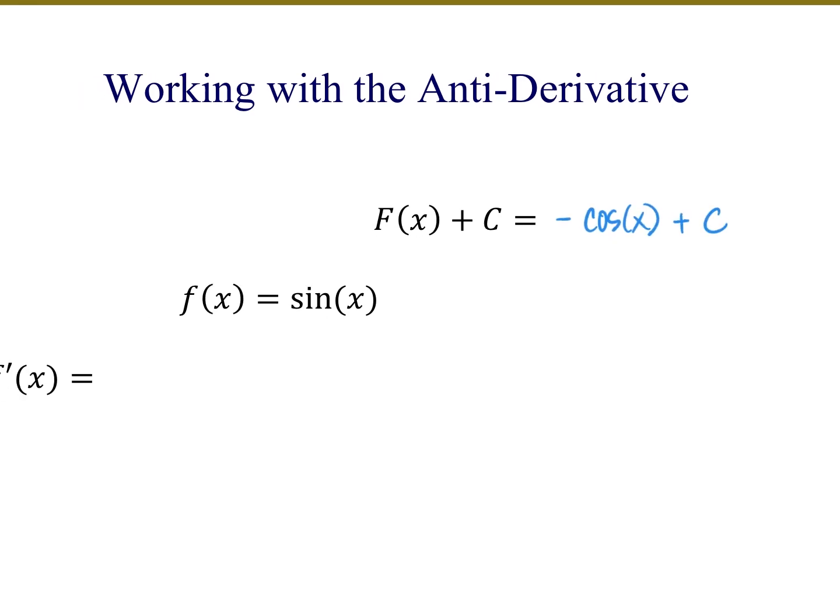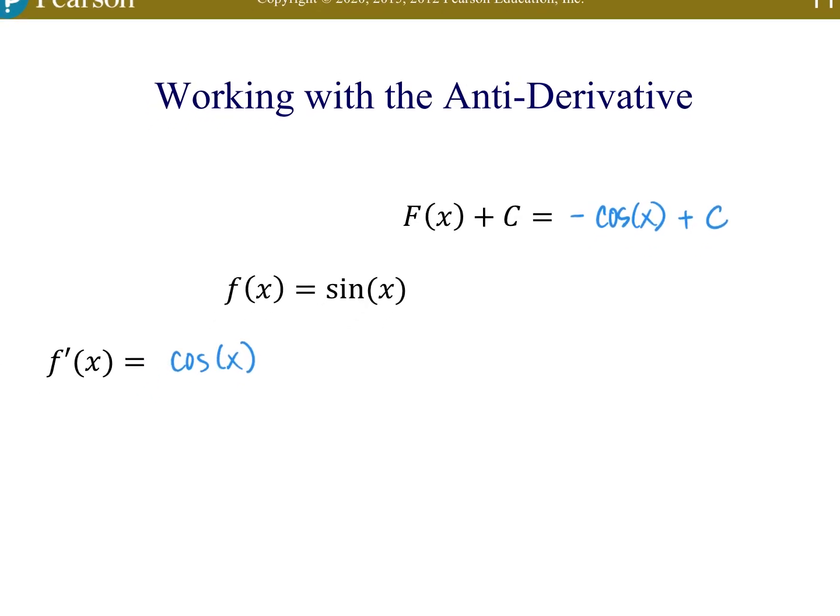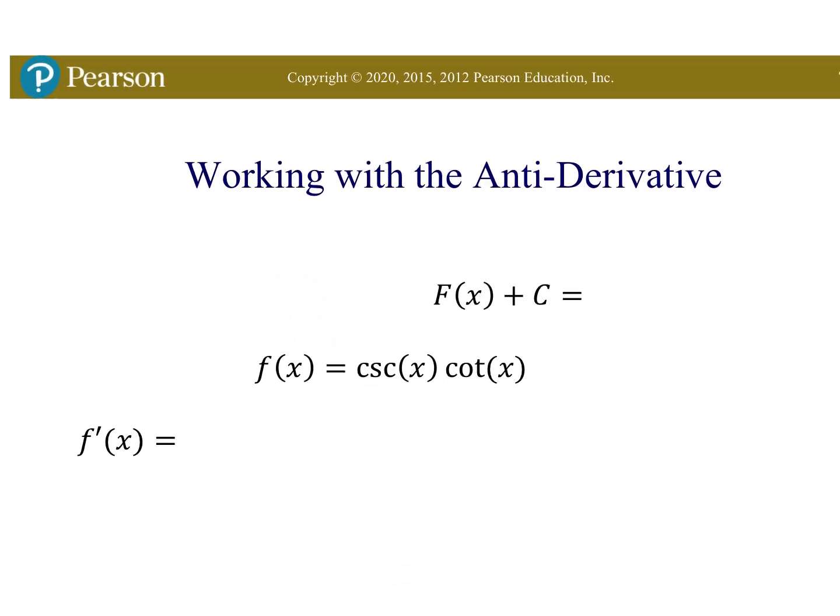The derivative is positive cosine x. So he's right. The derivative of sine is positive cosine. The antiderivative of sine is negative cosine. Okay, good job. Okay, how about this one?